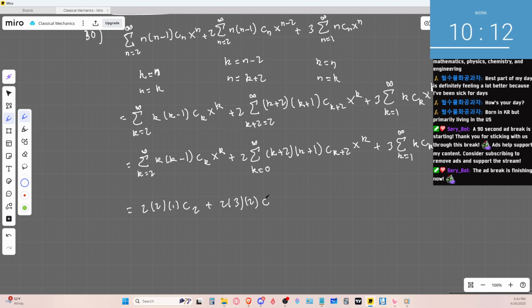Then this is going to be C3, and then x, and then plus, and then this one we just do once, so it's going to be 3 times 1, and then C1, and then x.